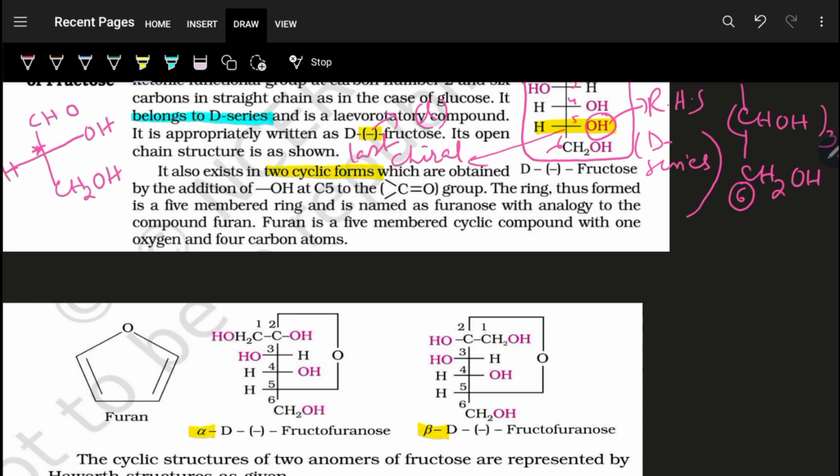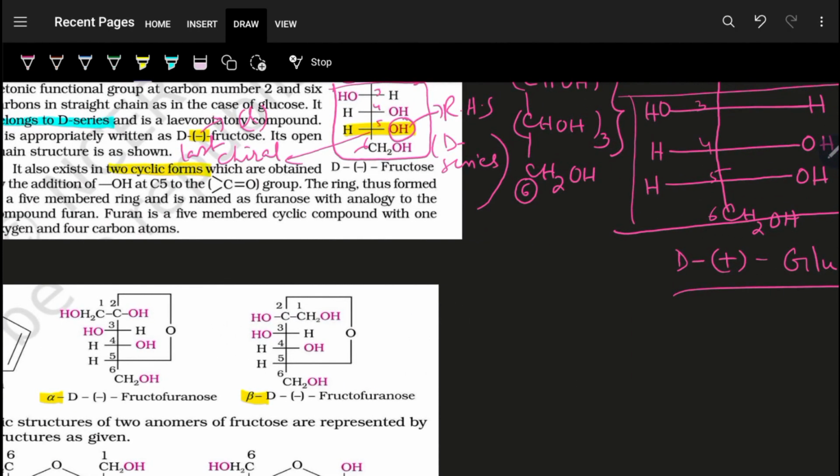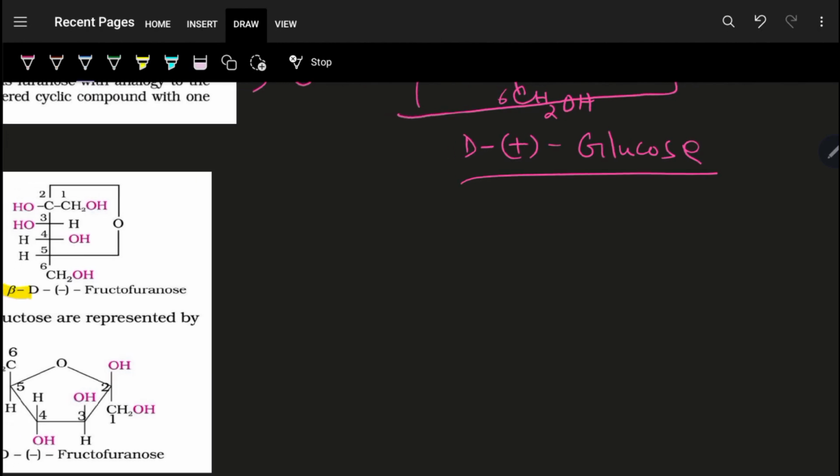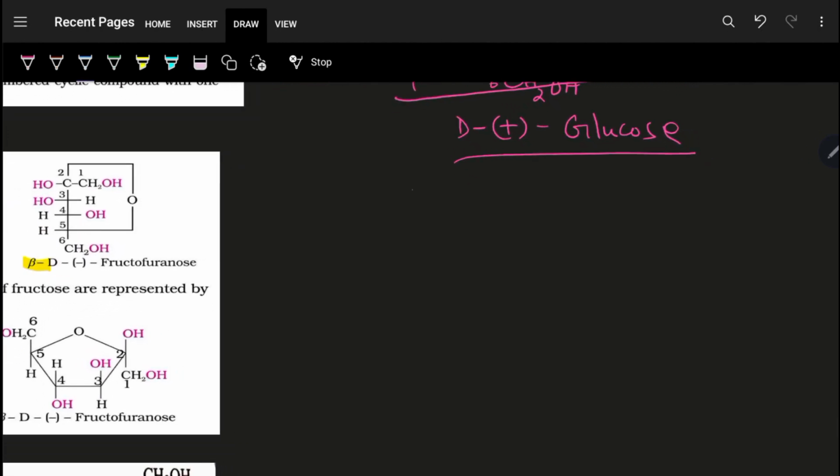How did you obtain this cyclic form? Let us see that again, as we have seen in glucose. So for fructose, it is like this. Carbon number 1 is a CH2OH. Carbon number 2 is C double bonded O, which is a keto linkage, and it is carbon number 2, the anomeric carbon.